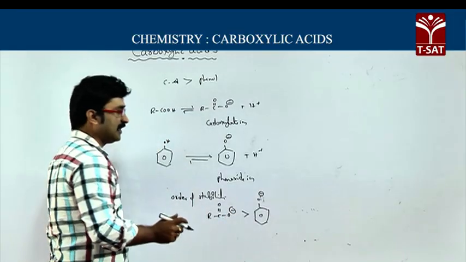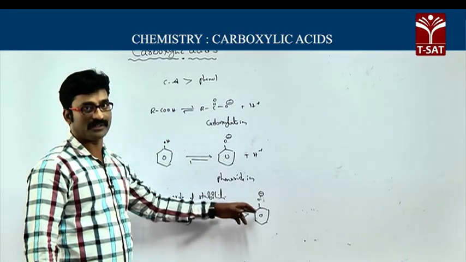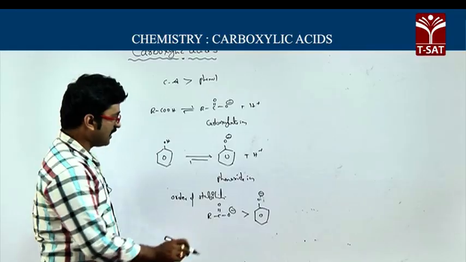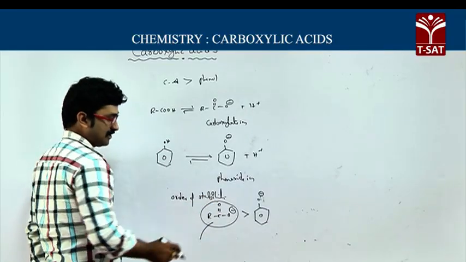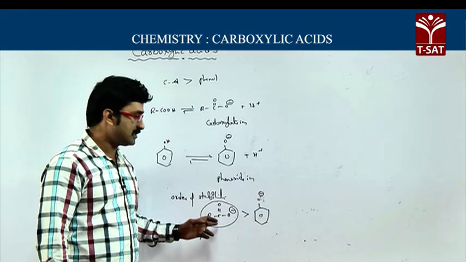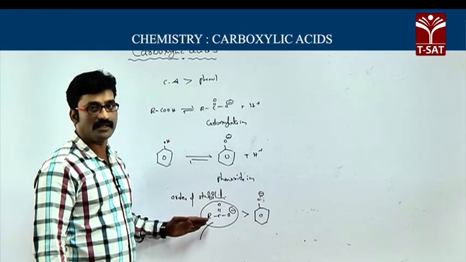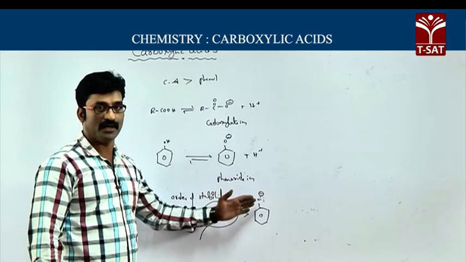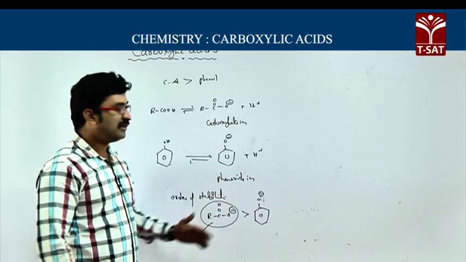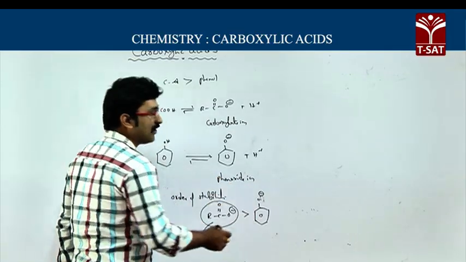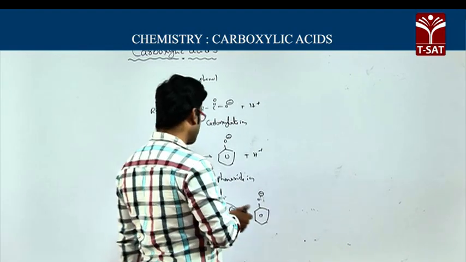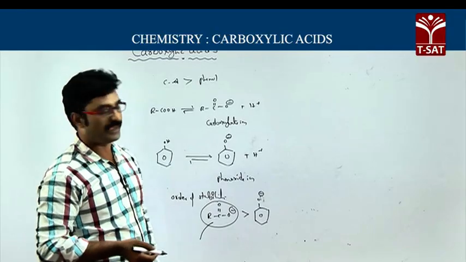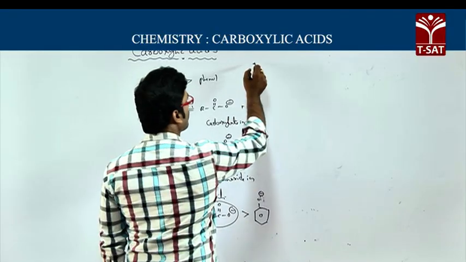Why is the carboxylate ion more stable than the phenoxide ion? What is the reason for it? Very simple. The carboxylate ion has equivalent resonating structures. Due to the presence of equivalent resonating structures, the carboxylate ion is more stable than the phenoxide ion. The phenoxide ion has non-equivalent resonating structures. So let us write the resonating structures of the carboxylate ion as well as the phenoxide ion.